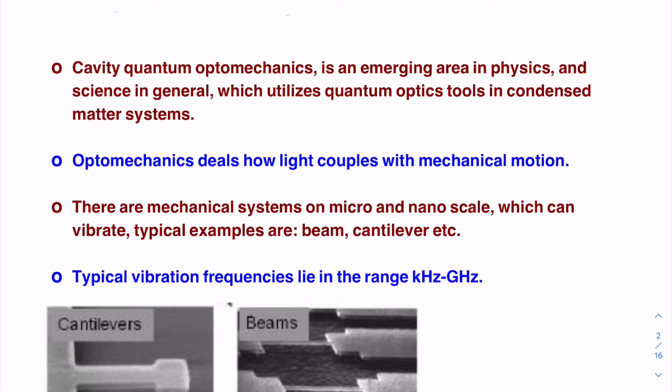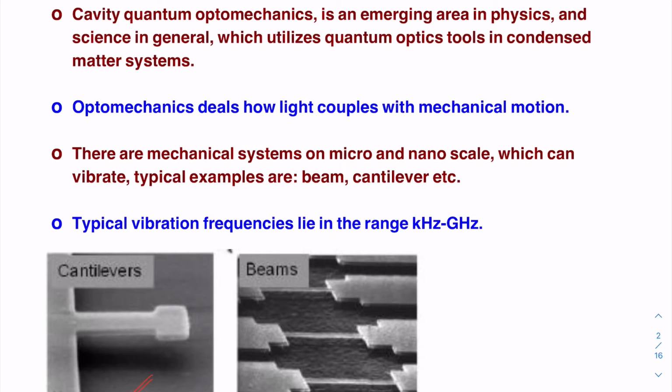And you know that optomechanics deals with how light couples with a mechanical system, and in fact there are mechanical systems on the micro or nano scale which can vibrate, and typical examples are, say, cantilevers like this, then beams, and all these systems vibrate with a frequency in the range kilohertz to gigahertz. Kilohertz means 10 to the power 3 hertz. On the other hand, gigahertz refers to 10 to the power 9 hertz.